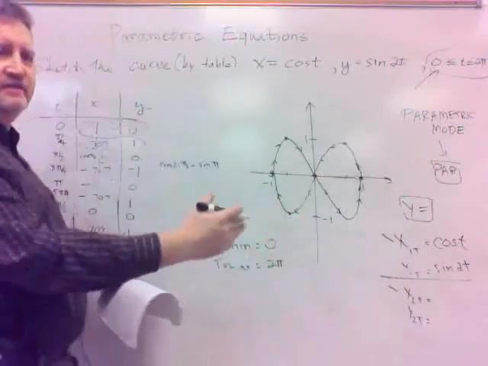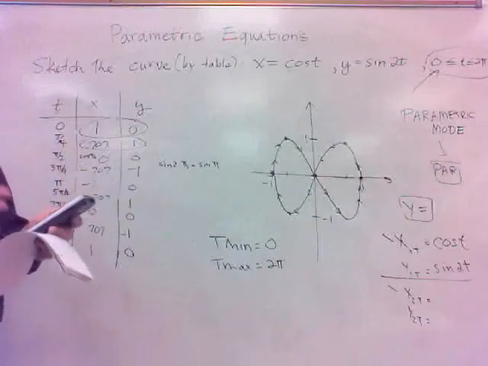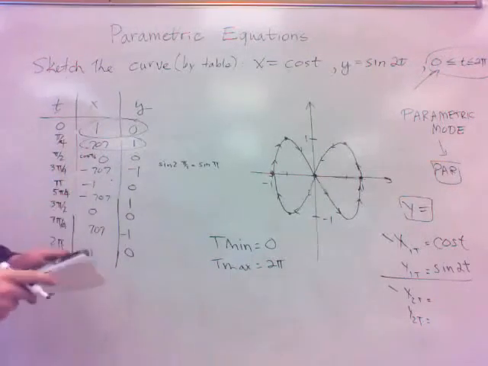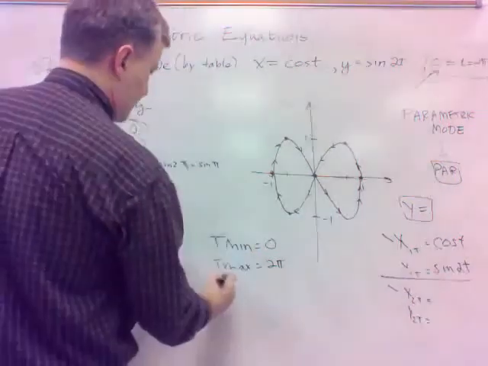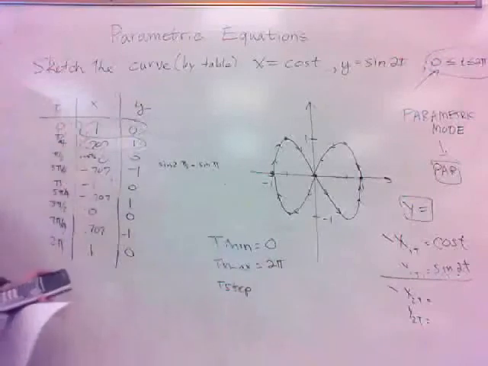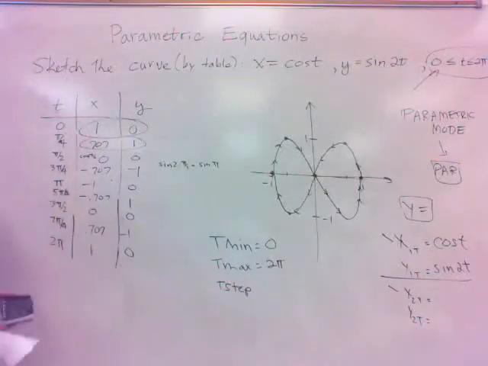On the TIs, it adjusts it to decimal, 6.28, or mine does anyway. Does yours do it? Okay. And then on the T step, we did pi over 4s, but that was just because I didn't want to do a whole lot of hand calculations. So we do want the T step here to be a little smaller.